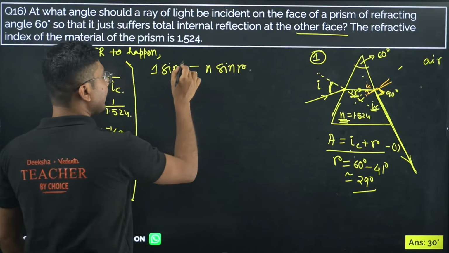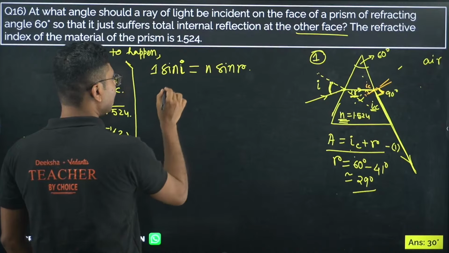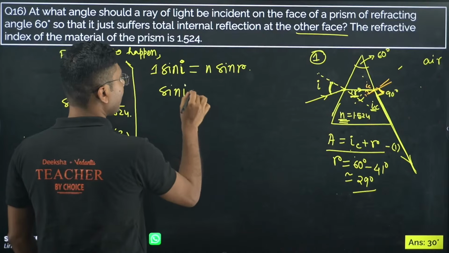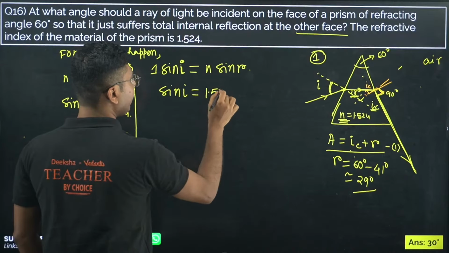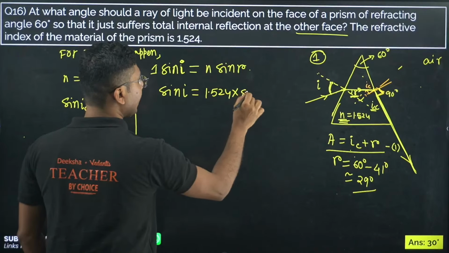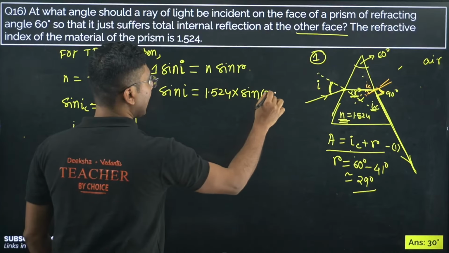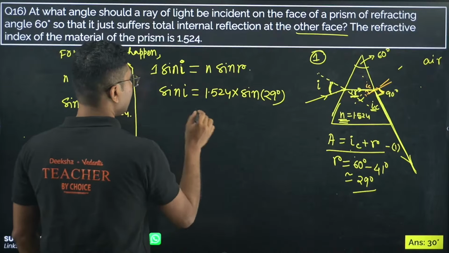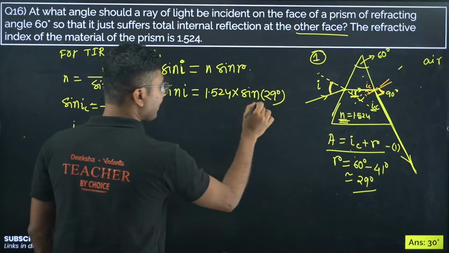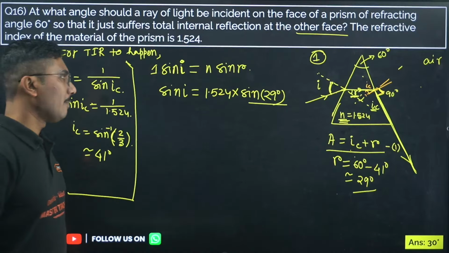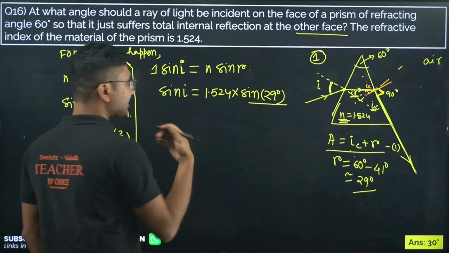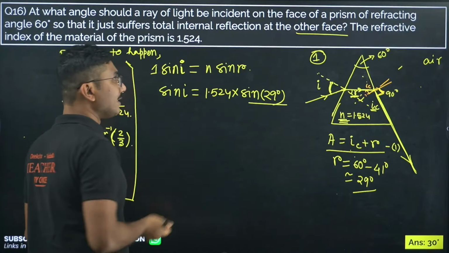And we are trying to calculate the angle I. So sine I equals 1.524 into sine of 29 degrees. Now first you have to calculate sine 29 degrees, multiply it and then take a sine inverse to calculate the angle.